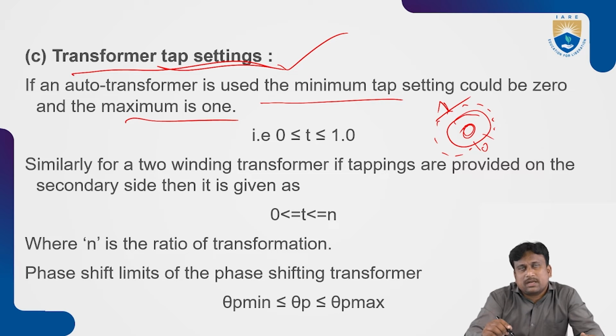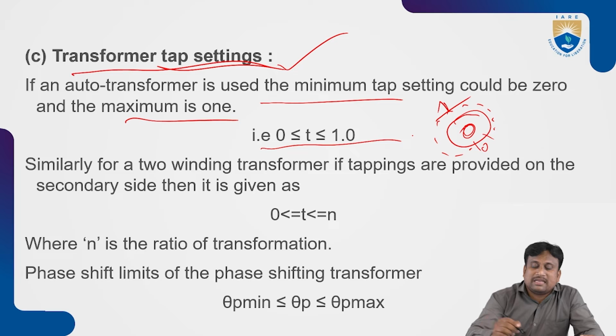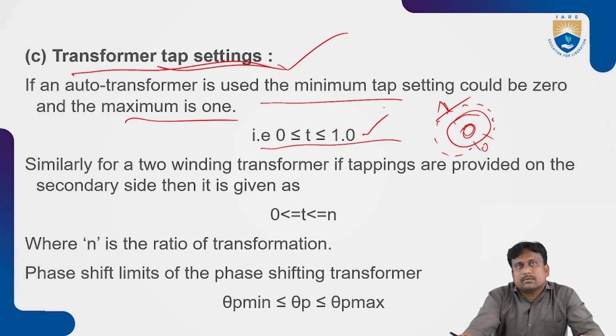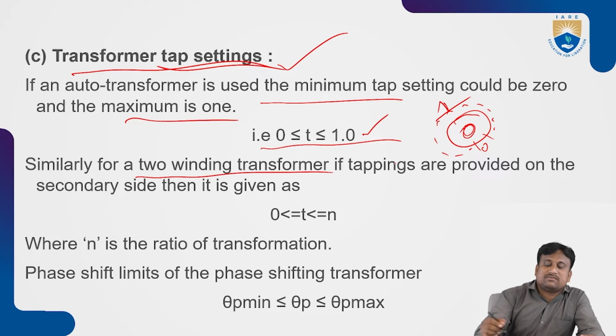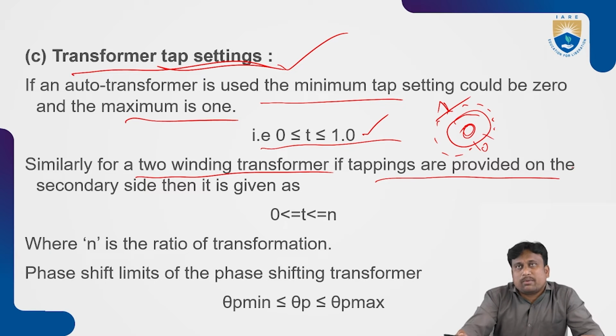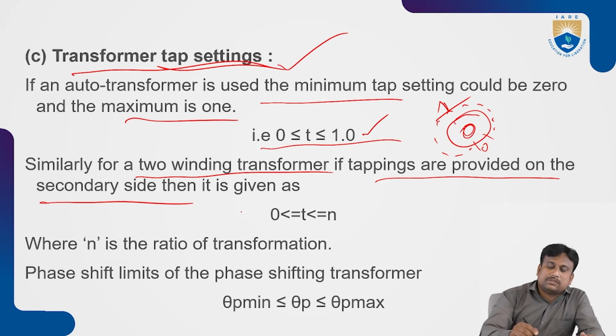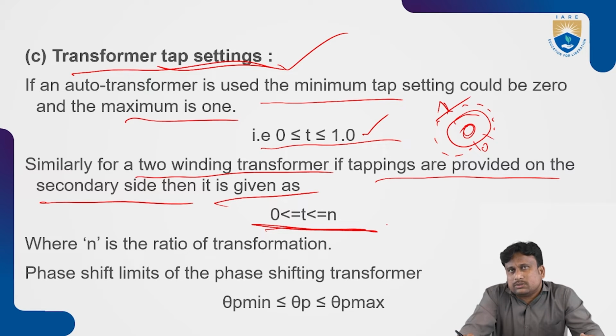This happens for only a one winding transformer. That means the limits lie between 0 and 1: 0 less than or equal to T less than or equal to 1. Similarly, for a two-winding transformer, if tappings are provided on the secondary side, then the limits are 0 less than or equal to t less than or equal to n.